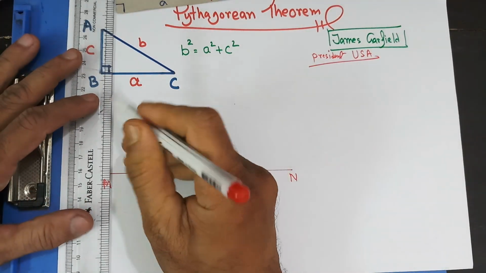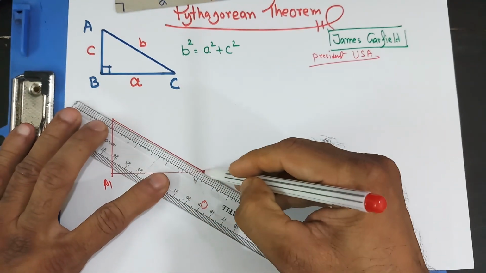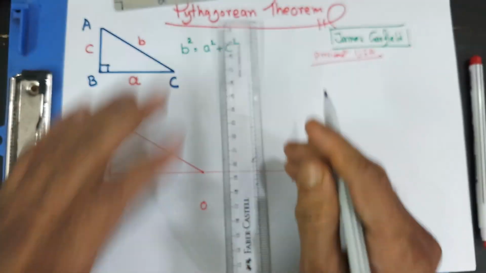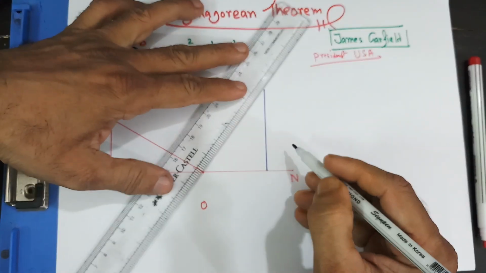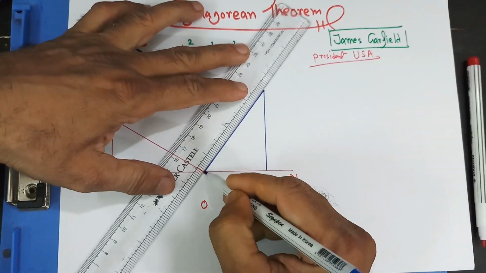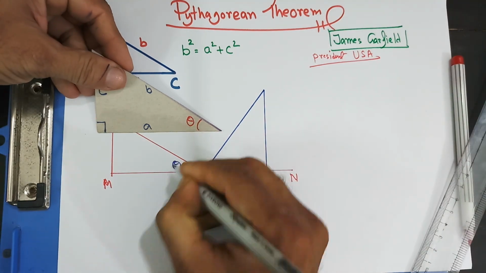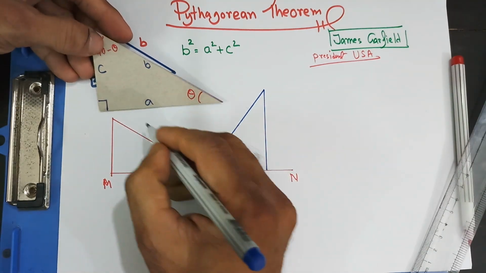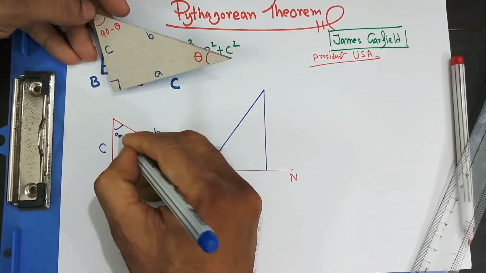This triangle is something like this, and then this one is going to be something like this. So that's that. When I did this, this one was theta, and that one was a, this is b, this is c, and that was 90 minus theta.